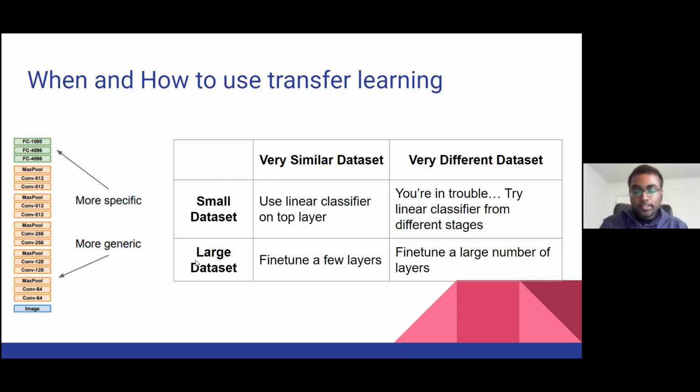When the target data set has a distribution similar to the source data set, and the target data set is small, then it is better to use a linear classifier or maybe train the last one or two layers of the deep learning model.